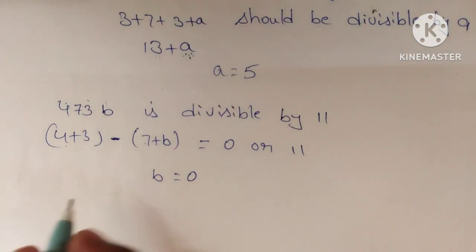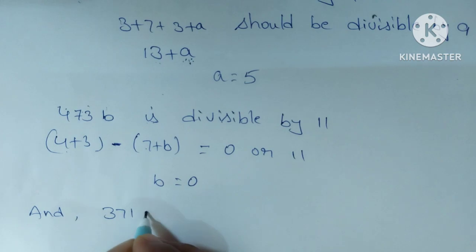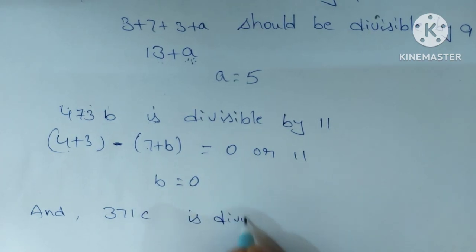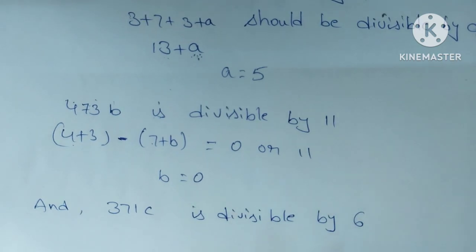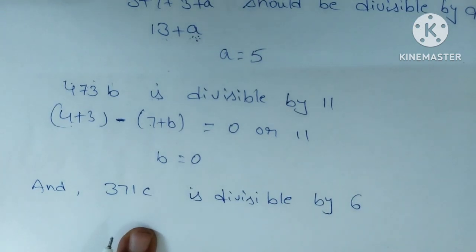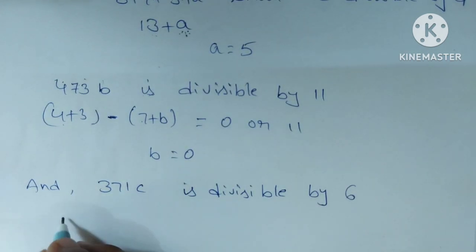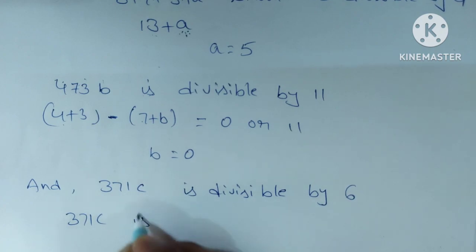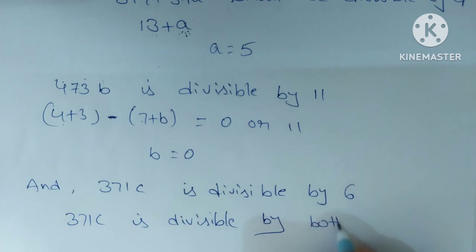And 371C is divisible by 6. According to the divisibility rule of 6, 371C is divisible by both 2 and 3, both the 2 table and 3 table.